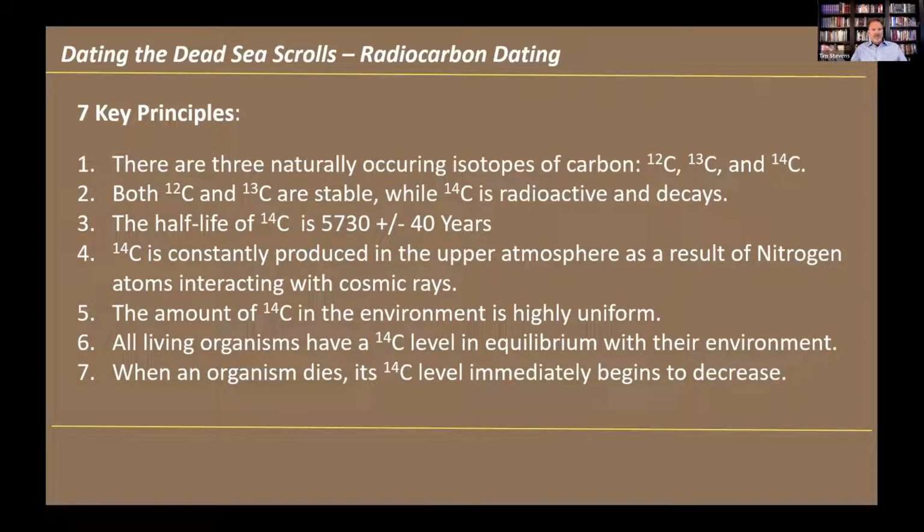So whatever the atmospheric level of carbon-14 is, it's in us as well in the same proportions. When an organism dies, however, it stops interacting directly with the atmosphere, and so its carbon-14 levels immediately begin to decrease.